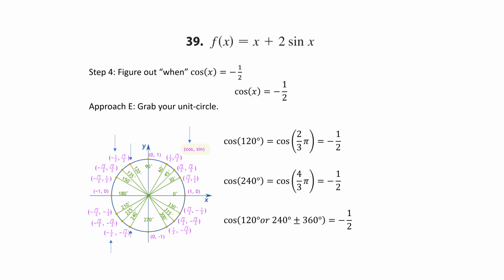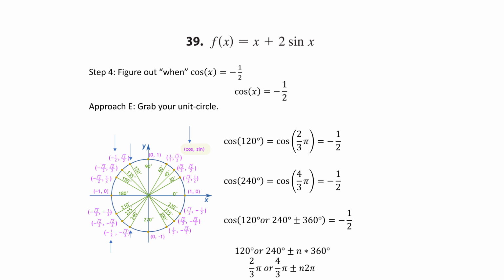It's a little bit more complicated though, because if you went all the way around the circle a second time, it would also be negative 1/2. Or a third time, or a fourth, or a fifth. Every time you went around and touched that spot, some multiple of 360 degrees plus 120, it's going to get you back to the exact same place. The same applies if you go in reverse around the circle. So 120 plus or minus 360 degrees however many times you want will also give you negative 1/2.